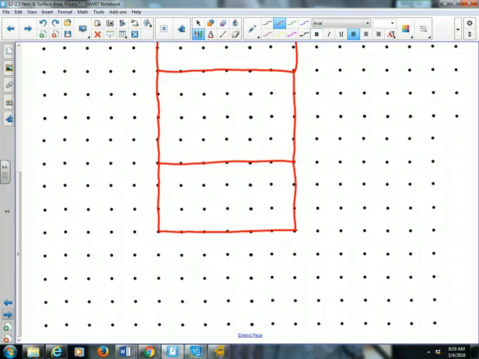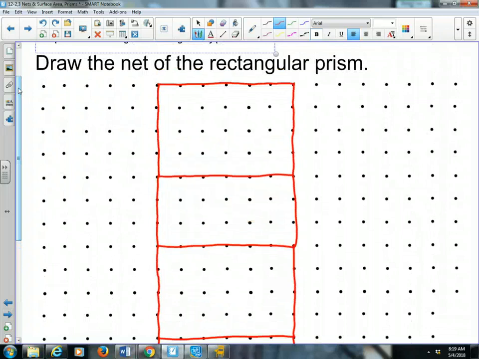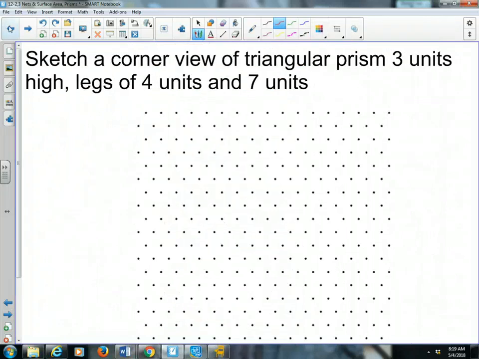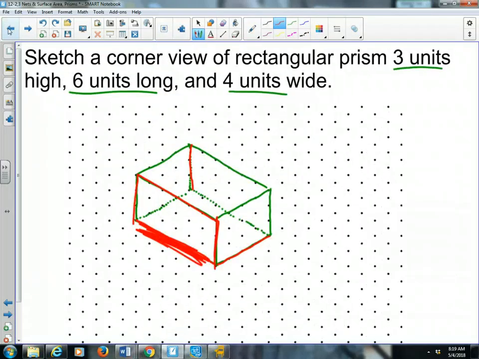Okay, I have 4 of my faces, and a rectangular prism has 6 faces, right? I still have to bring down this side and the back side, which are the same dimensions. It's a 4 by 3. If you want to, you can make the hinge on the 4 side, or you can make the hinge on the 3 side.